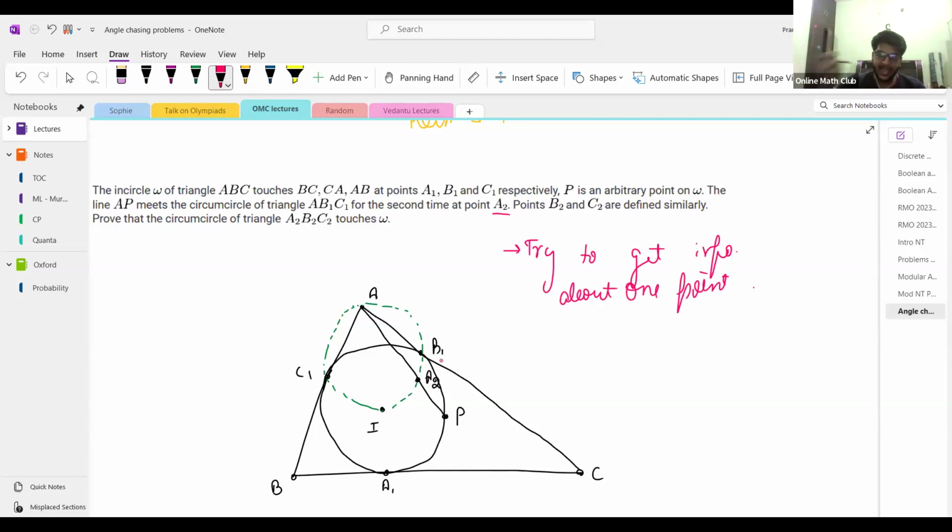If I nicely characterize this A2, I can use that same characterization for B2 and C2 as well because of symmetry, right? And that makes the problem much simpler. So now my focus is just to find nice things about it, nothing else. And I don't even know what those nice things could be. That's just my idea. I have to find nice things.